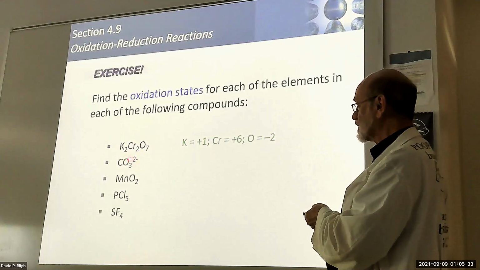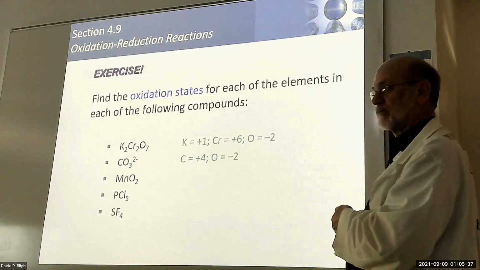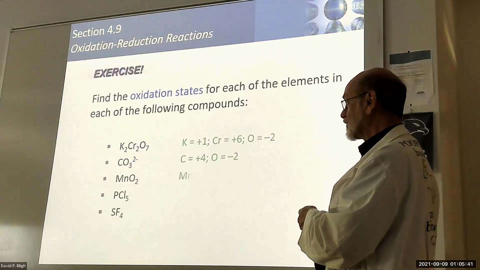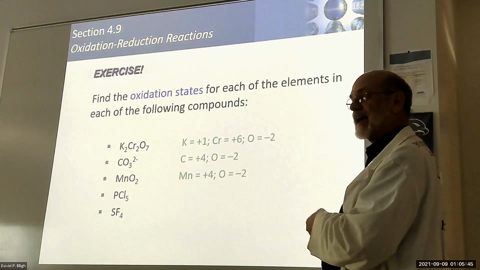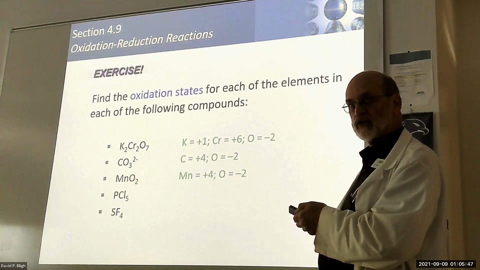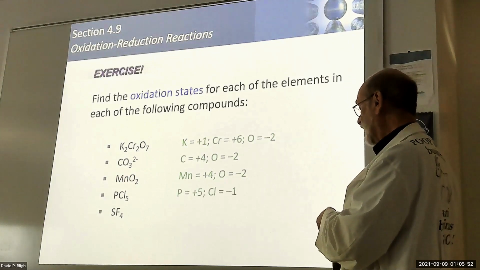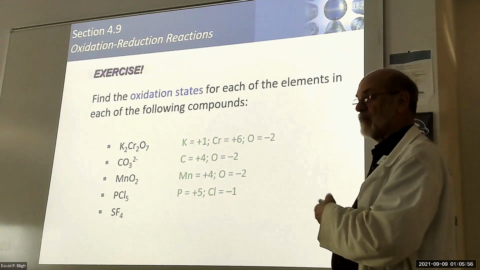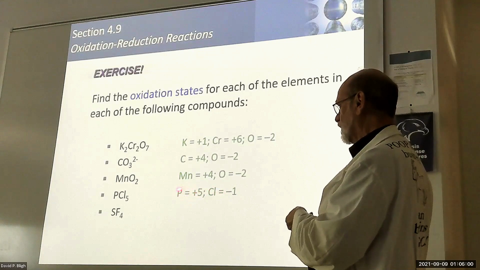Oxygen is -2, so that means carbon has to be +4. Manganese dioxide, you would start with the oxygen, -2, and then calculate what manganese has to be in a neutral compound. PCl5, the same. In this case, we have to assume that the chlorine is -1. It's a halogen. Otherwise, we can't calculate what phosphorus is.